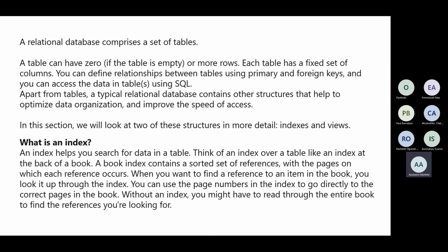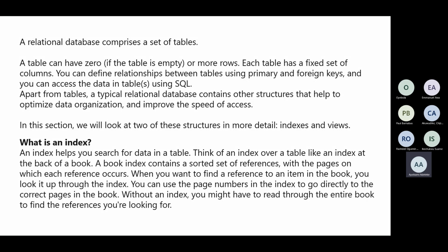So the next phase here, we want to look at how we explore relational data structures. First thing, a relational database comprises a set of tables. What is a table? I mentioned earlier, a table is what we use to represent entities in the relational database design.